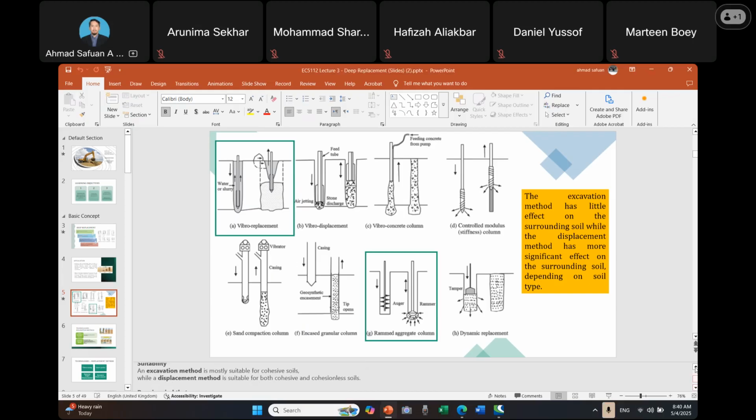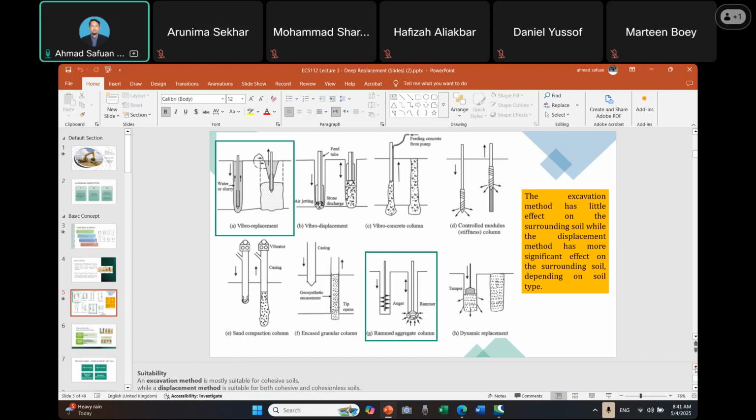In terms of suitability, excavation methods are mostly suitable for cohesive soil, because if we use it to bore a hole inside a granular soil, there will be a potential for the hole to collapse.